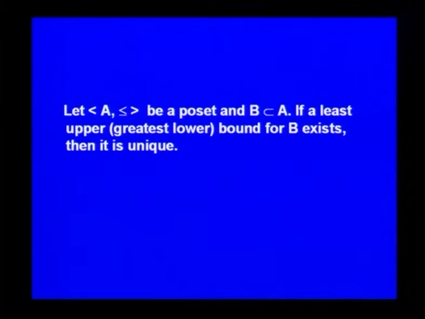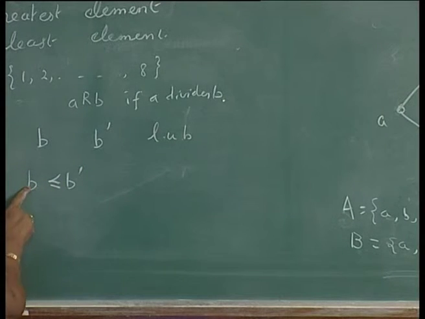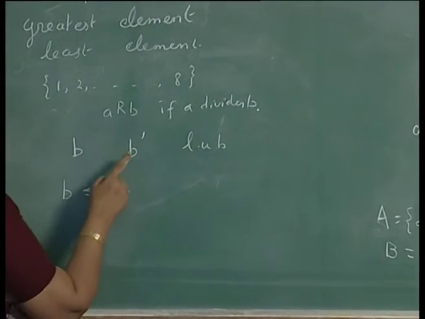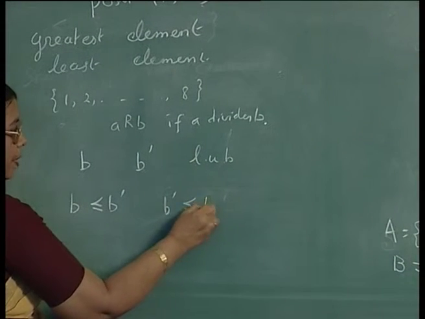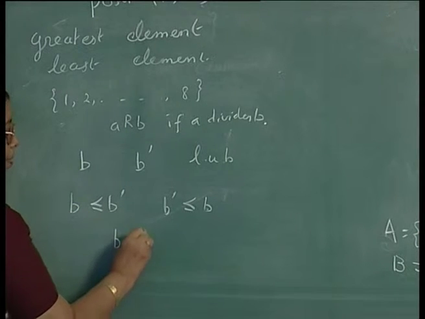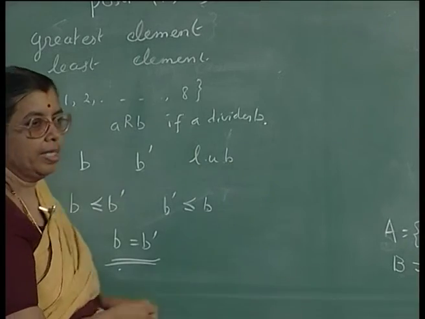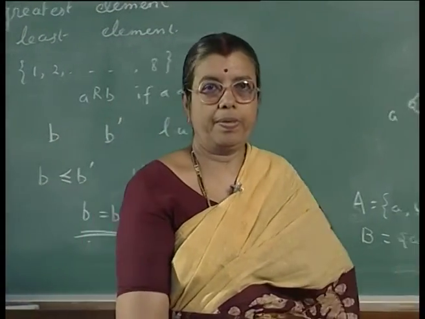Then because b is the least upper bound, b will be less than or equal to b dash, because the least upper bound will be less than or equal to any other upper bound. And because b dash is the least upper bound, b dash will be less than or equal to b, this is an upper bound. So, because of these two conditions, you get b is equal to b dash, or the least upper bound is unique. Similarly, you also see that the greatest lower bound is unique.